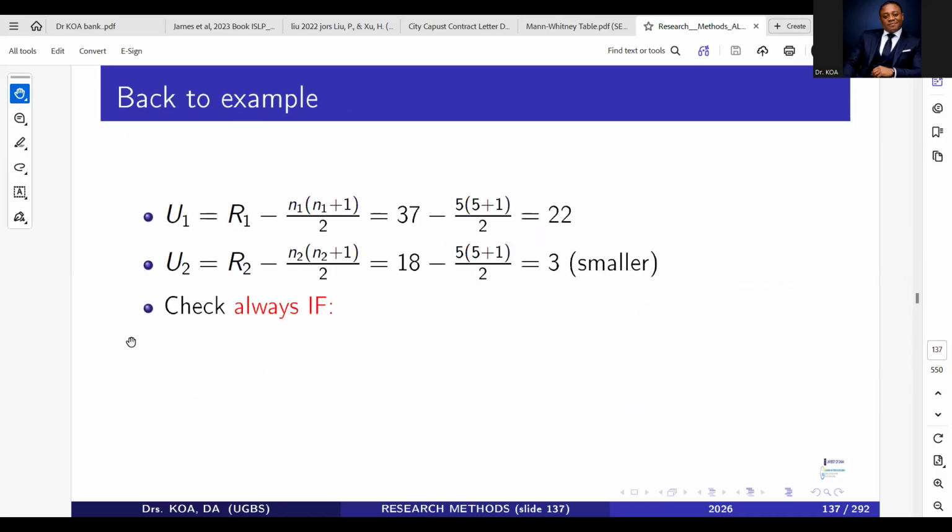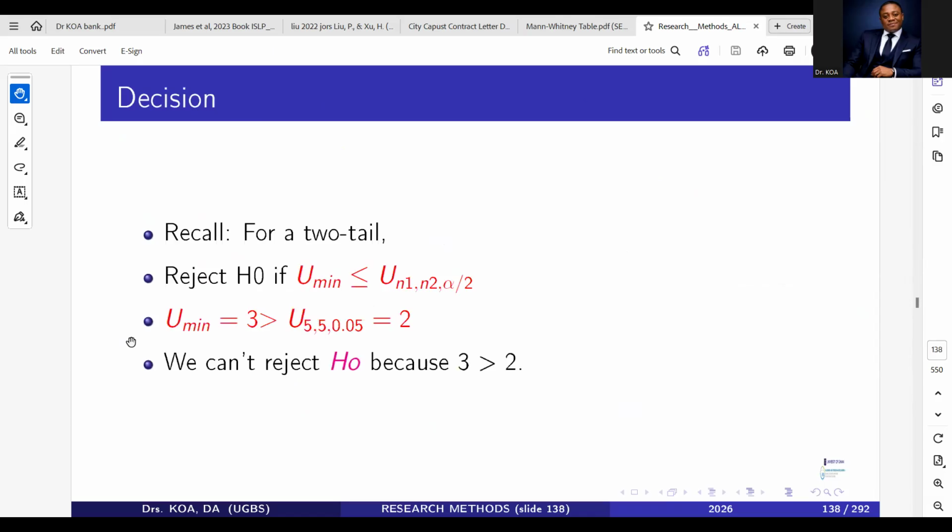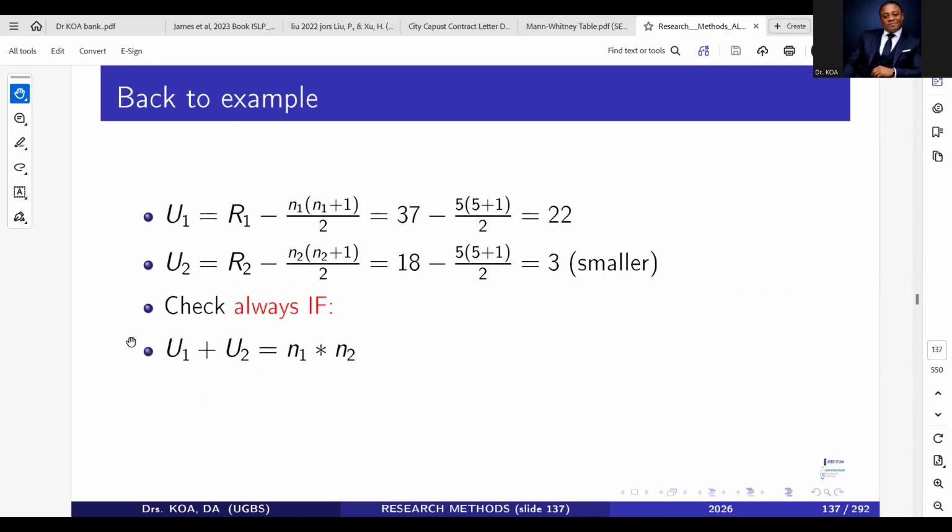So these were the values. You always take the smaller U. Those were our test statistics that we had. Why take the smaller U?